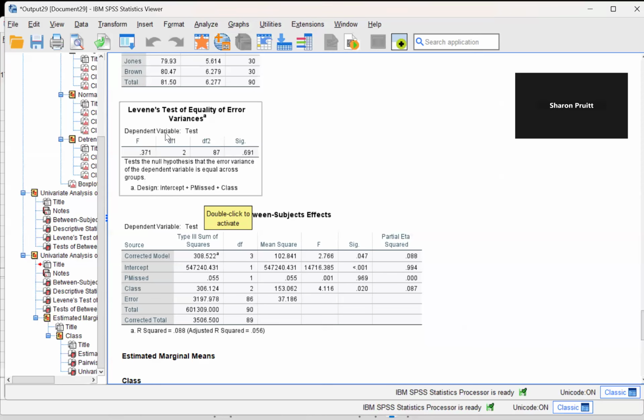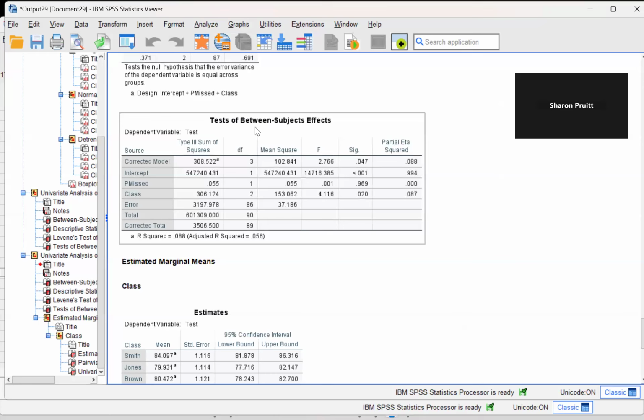Note the F with 2 and 87 degrees of freedom gives us a value of 0.371. The p-value is 0.691, and because the p-value is greater than 0.05, the assumption of equal variances was satisfied. Next, we go to our tests of between-subjects effects.